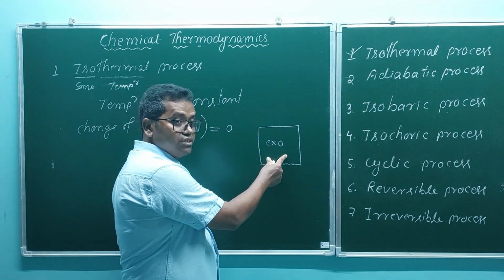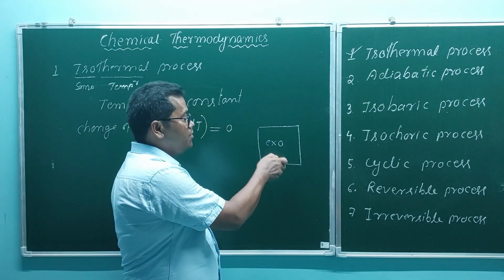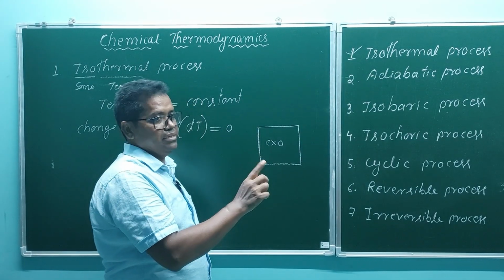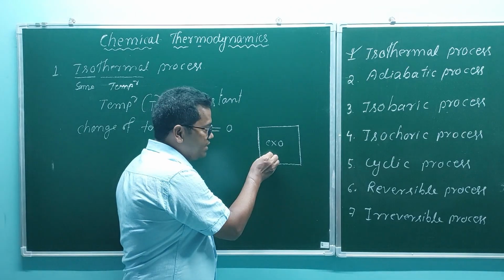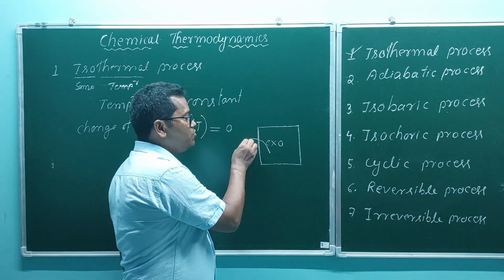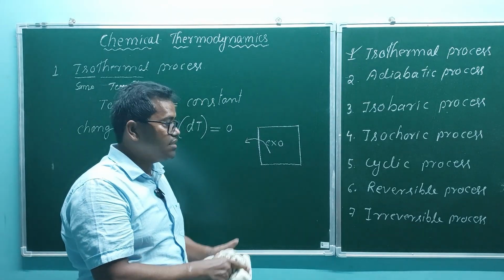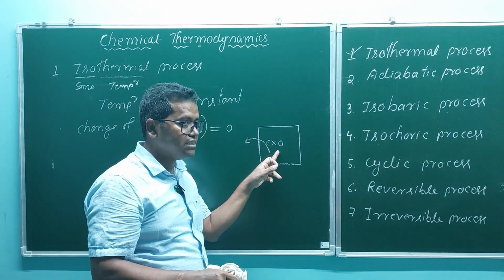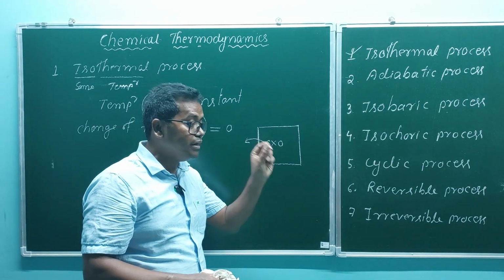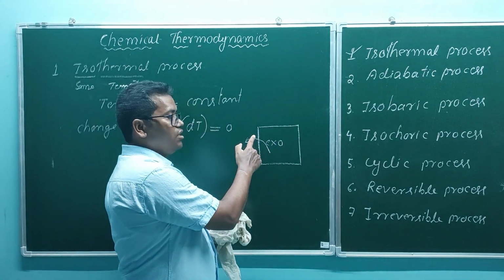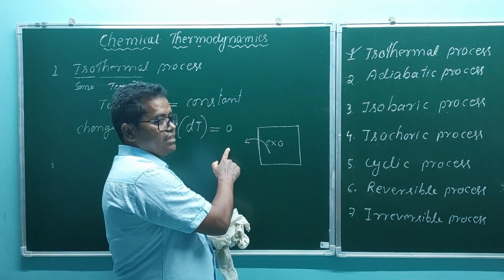The temperature of the system should rise, but in order to maintain constant temperature, the heat energy must go out from the system to the surrounding. I repeat, in case of exothermic reaction, heat is evolved. To maintain the temperature constant, heat must go out from the system to the surrounding.